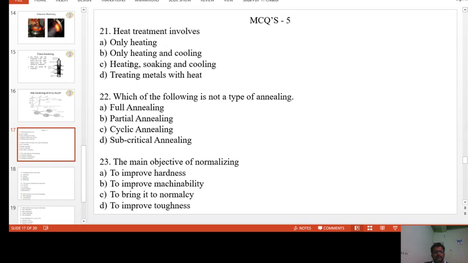The answer is that it includes heating, soaking, and cooling. C is the answer. Which of the following is not a type of annealing? Full annealing, partial annealing, cyclic annealing, and subcritical annealing. The third one is the answer.